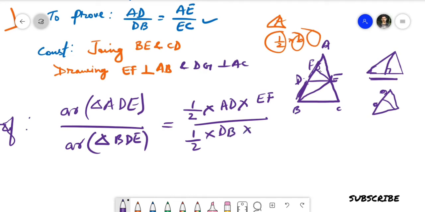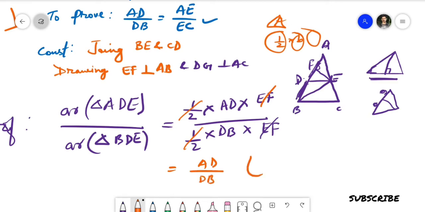and as you can see, there is only one triangle, and this is the height of it, so height will be EF. So as we can see, EF and EF can cancel, upside downside all are multiply, half also we can cancel, then we have already AD by DB.